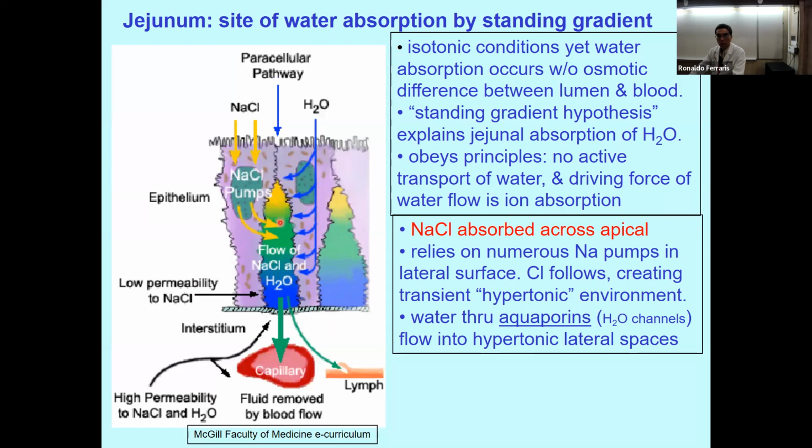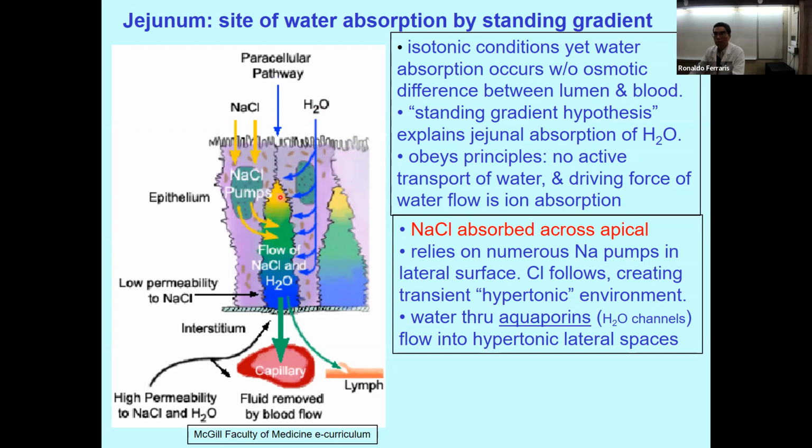This hypertonic environment attracts water from the food side into the blood side. Water moves through aquaporins in the apical and basolateral membrane and is extruded into the intercellular space.